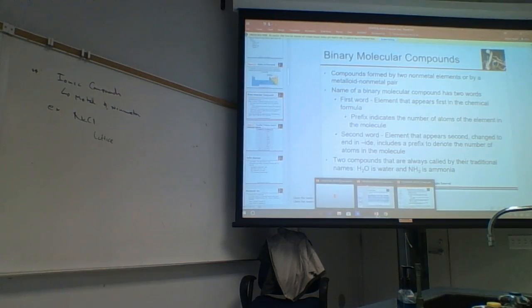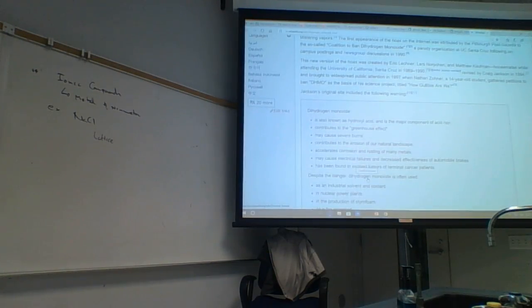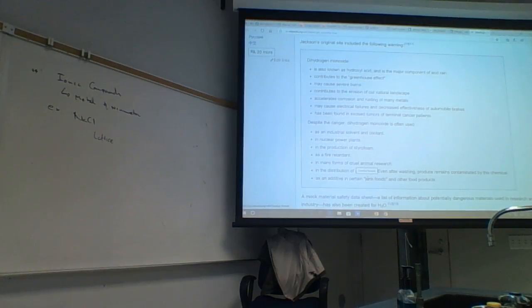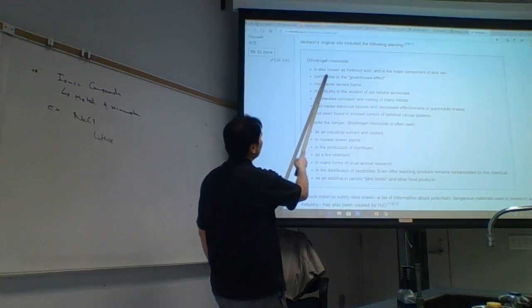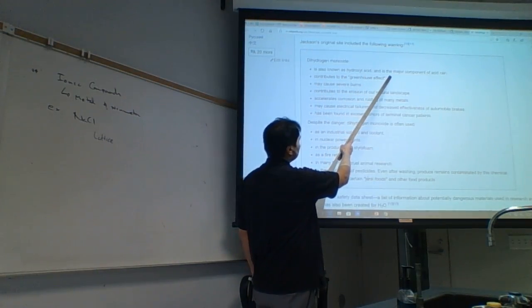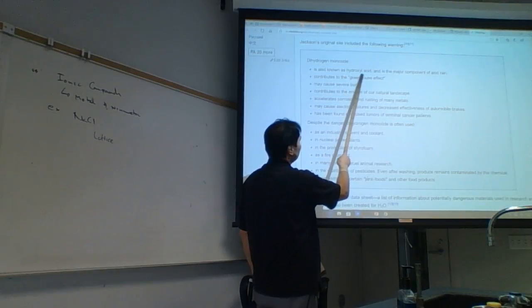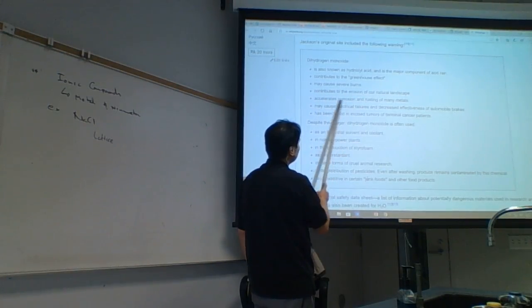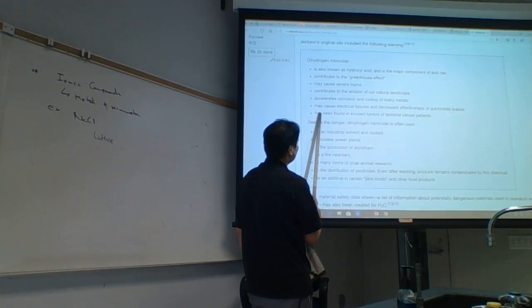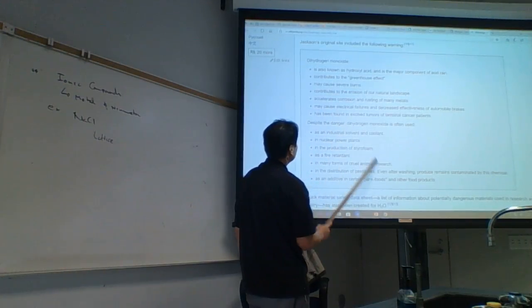This is what I just remember somebody telling me, that DHMO was banned by some city in Northern California because dihydrogen monoxide is also known as hydroxyl acid and is one of the major components of acid rain. And so if you were to name it as an acid, it would be called hydroxyl acid. It contributes to the greenhouse effect, may cause severe burns, contributes to the erosion of our natural landscape, accelerates corrosion and rusting of many metals, may cause electrical failures. In other words, it's toxic too. Obviously, it's toxic.